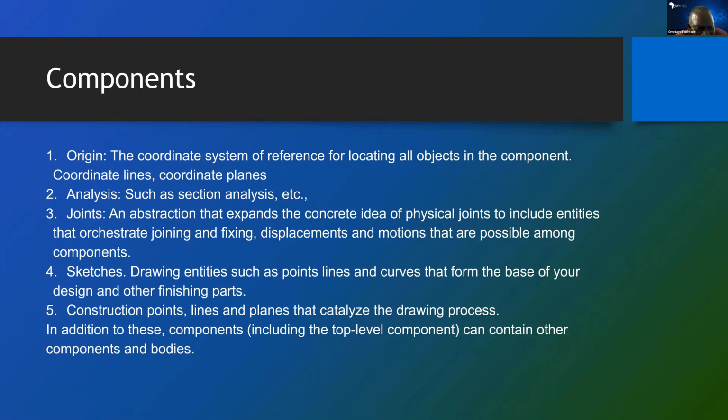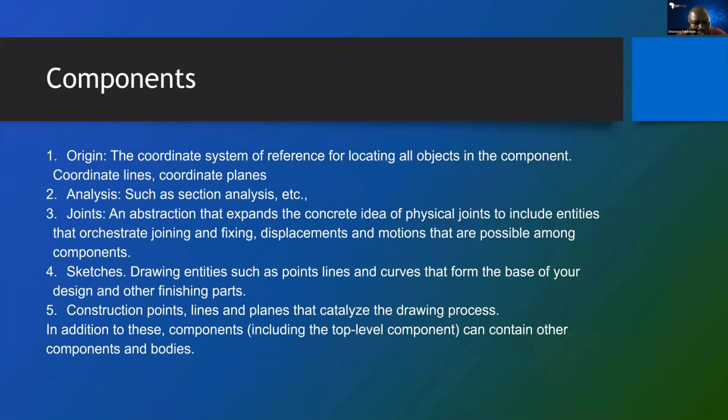Second, analysis. Apart from the origin, your component can also store analysis. For instance, you might do a section analysis. You might have a 3D object, and you want to say, suppose I slice through this object, how will the section look? You can take any slice through any section in any direction you want, and you will see how to do that.